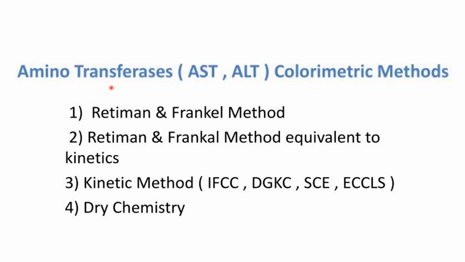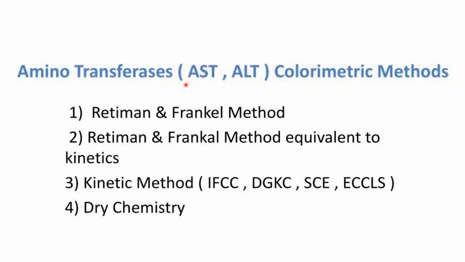Now, aminotransferases, that is AST and ALT, can be measured by colorimetric methods using a spectrophotometer. These are the various methods: Reitman-Frankel's method, the Reitman-Frankel method equivalent to kinetics, and the kinetic method using IFCC or DGKC, etc. It can also be measured by dry chemistry.